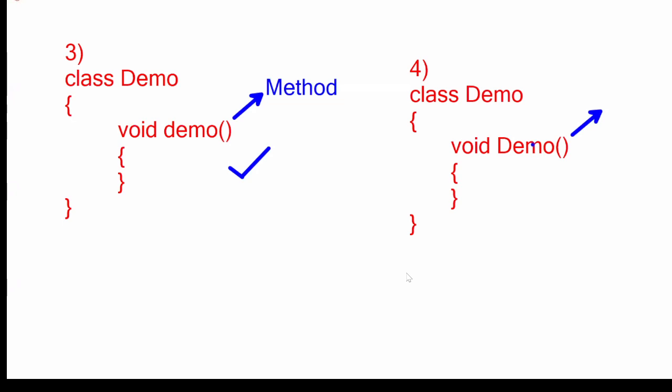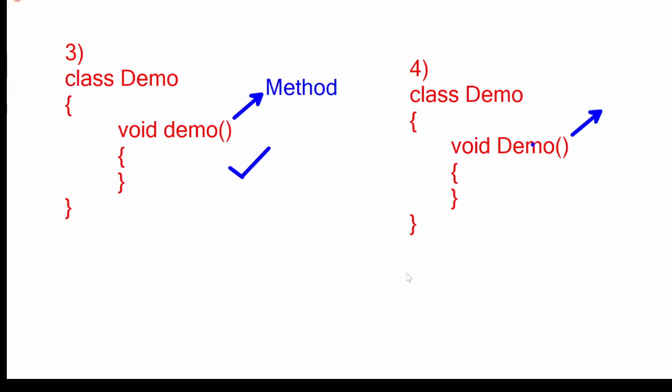You observe, class name demo, method name demo, capital and small letters also same. If everything is the same, generally a constructor should be without return type. With return type, that means not valid, like that they'll think. Some more people will think it is a method only, but notation not followed. Notation for a method: second word onwards, first letter capital.